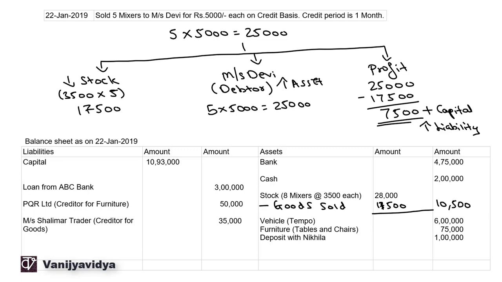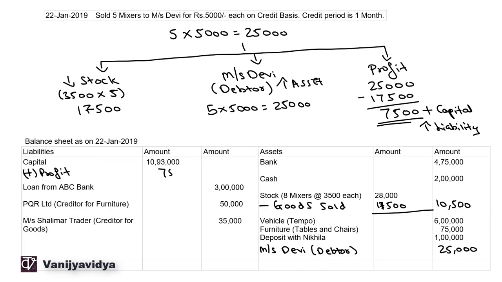Then there is an increase in asset, Mrs. Devi, debtor. By how much? By 25,000. Then there is a profit of 7,500. So there is an increase in the capital. Add profit on sale of goods.